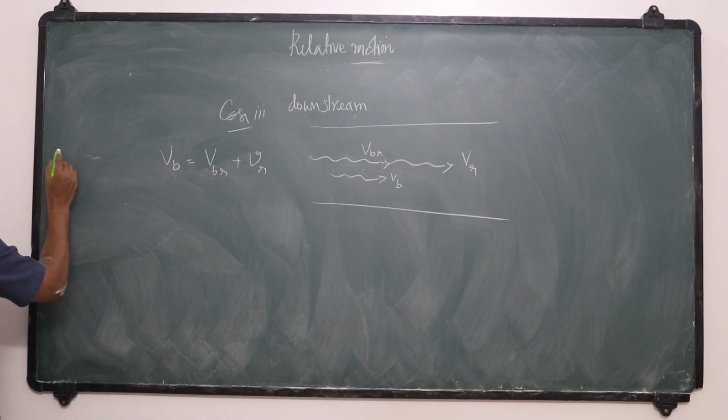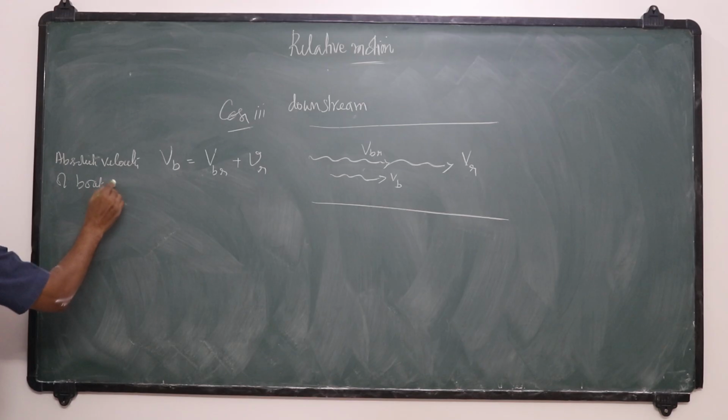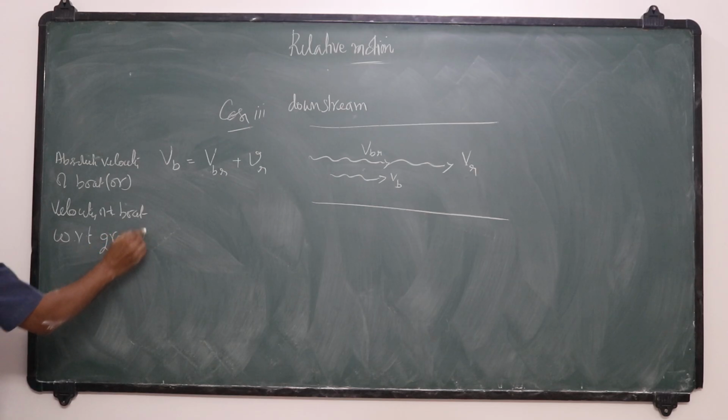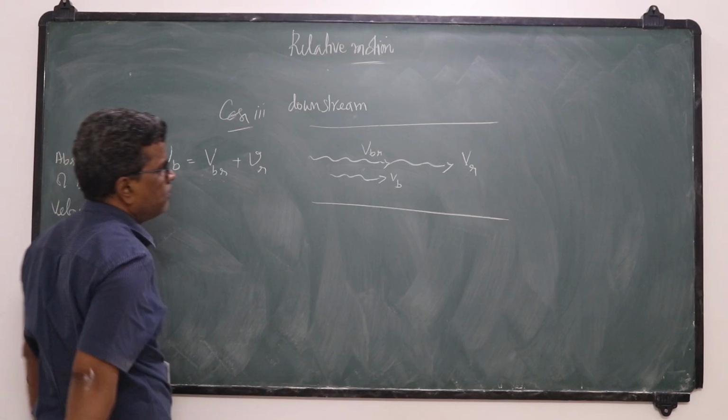The absolute velocity of the boat, or velocity of the boat with respect to ground, that is the meaning. This VBR is the velocity of the boat with respect to river.